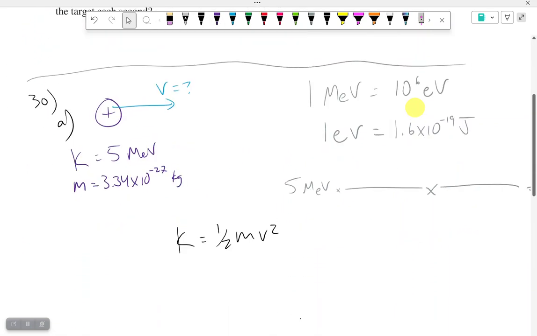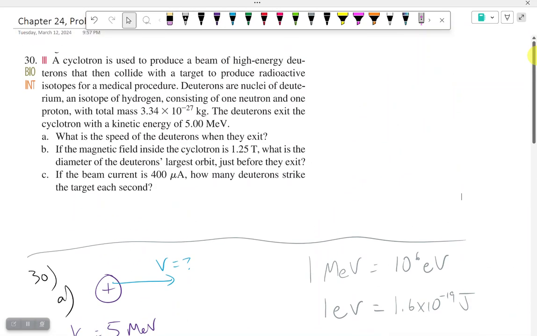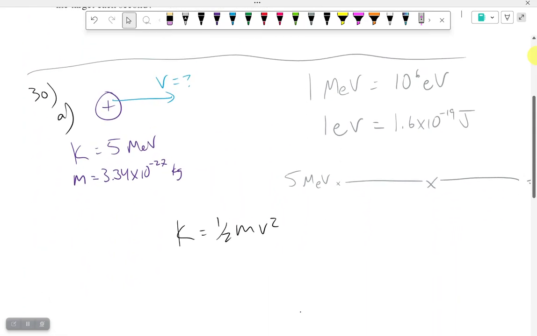So I'm going to use, this is problem 30 from chapter 24, the fact that this thing is moving with kinetic energy. They gave me the kinetic energy of 5 mega electron volts, which can be converted into joules with a quick Google search. We also have the mass, 3.34 times 10 to the negative 27 kilograms.